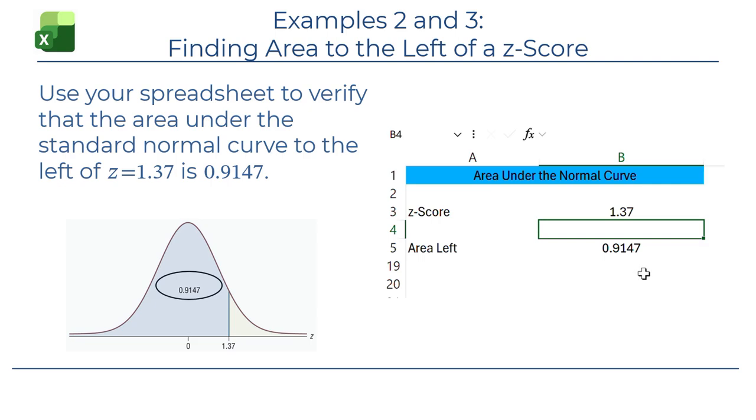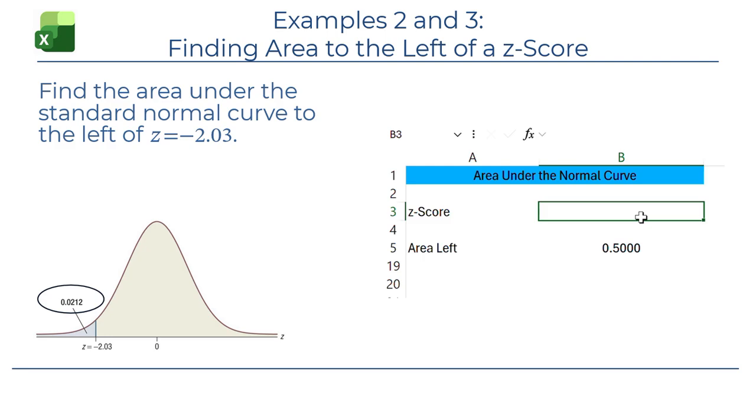Keep in mind how much of that area under the curve is shaded. The entire area under the curve is equal to 1. So it makes sense that with that much of the normal curve being shaded, our area would be close to 1.